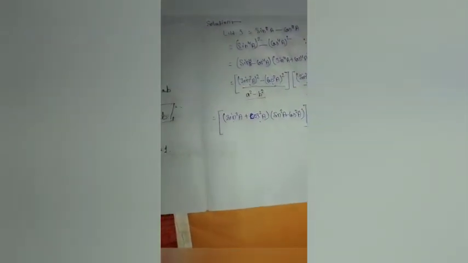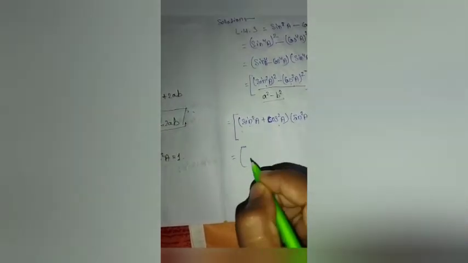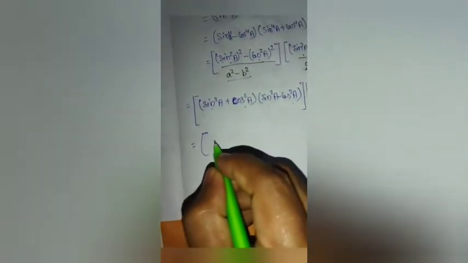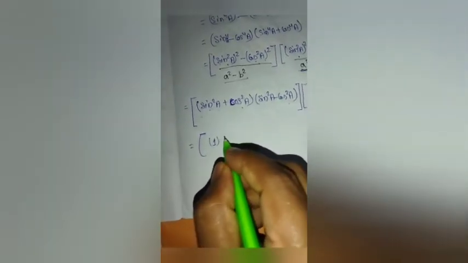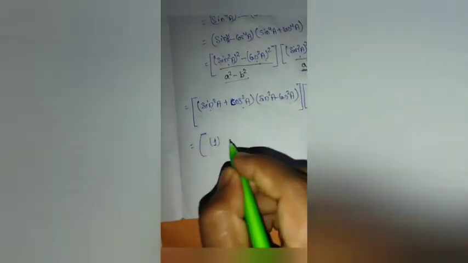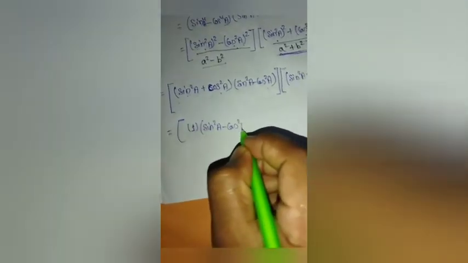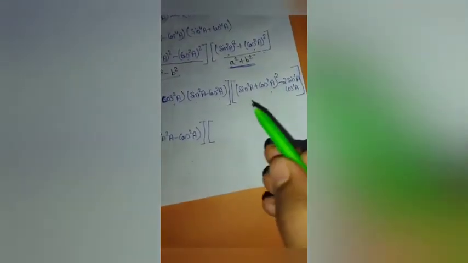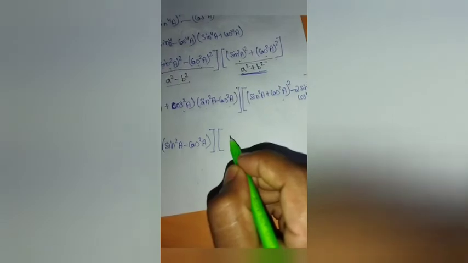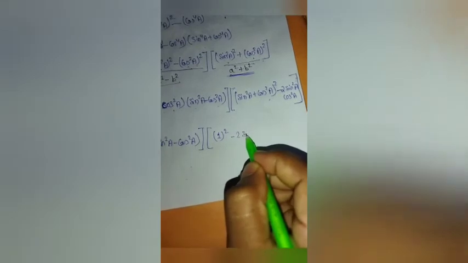So we're going to put this value in this equation everywhere. So it is 1 into (sine square a minus cos square a), whole into, then for sine square a plus cos square a we put the value, then minus 2 sine square a.